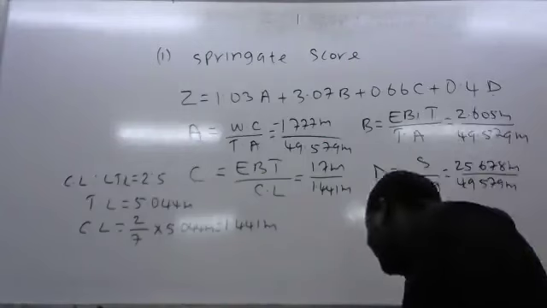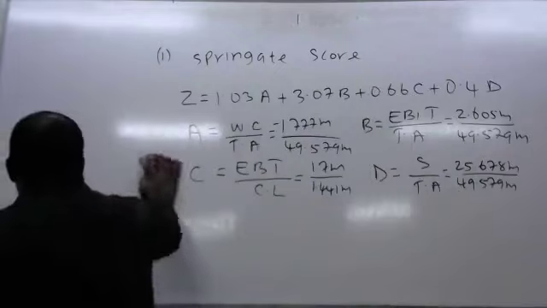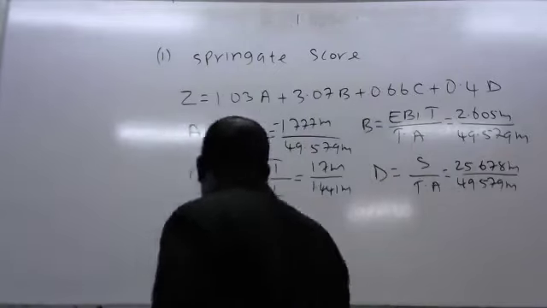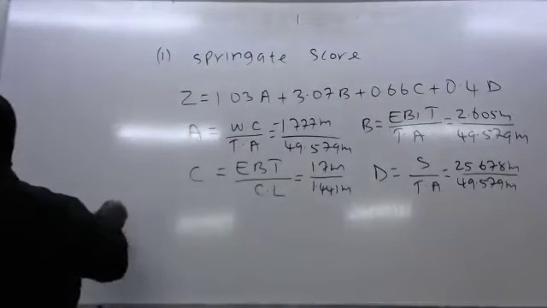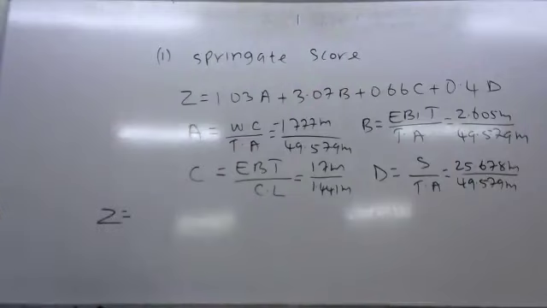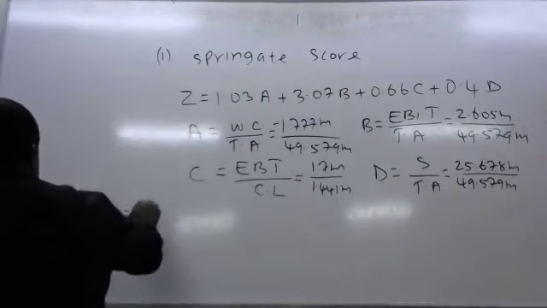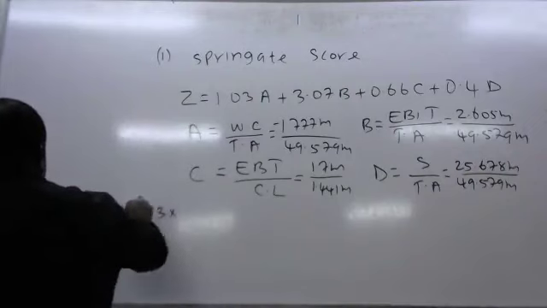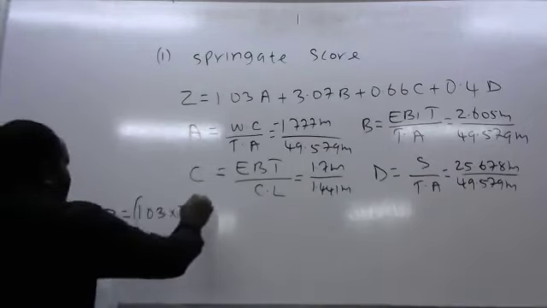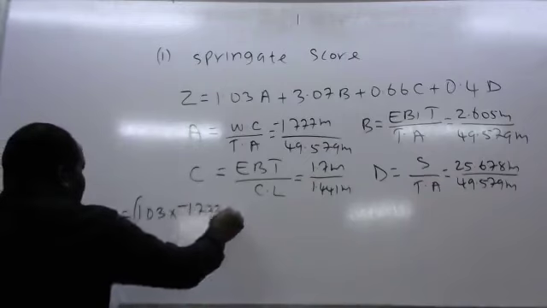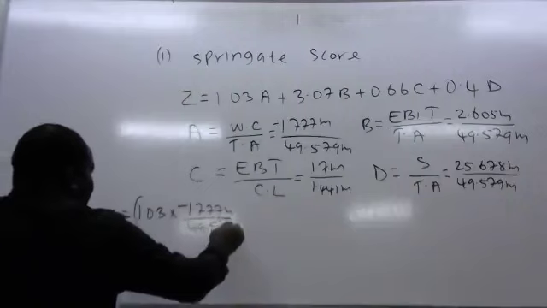Once we have specified them, we now go to the model, whereby Z is going to be 1.03 multiplied by A. So A is meant to be negative 1.77 divided by 49.579.